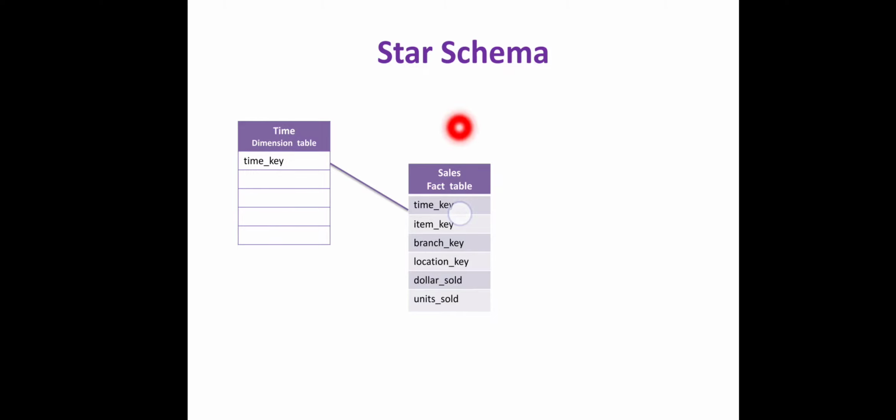You can see it is the time key, matching the one here, and that will act like a primary key. Both should match. With that, which different attributes can we have related to time? The day, the month, the quarter, the year. This data we can store in our dimension table named time. So, this is all about the time key dimension.